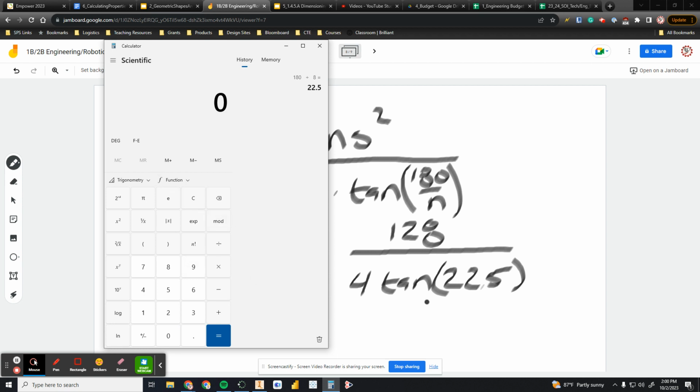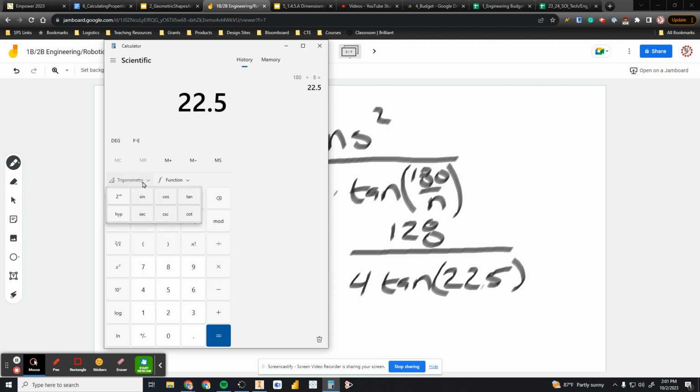Now, looking at this, I have 4 times the tangent of 22.5. There is some syntax that needs to be observed whenever you are typing your tangents into a calculator. So I know that for this calculator, what you need to do is type in the value that we're finding the tangent of first, so 22.5.